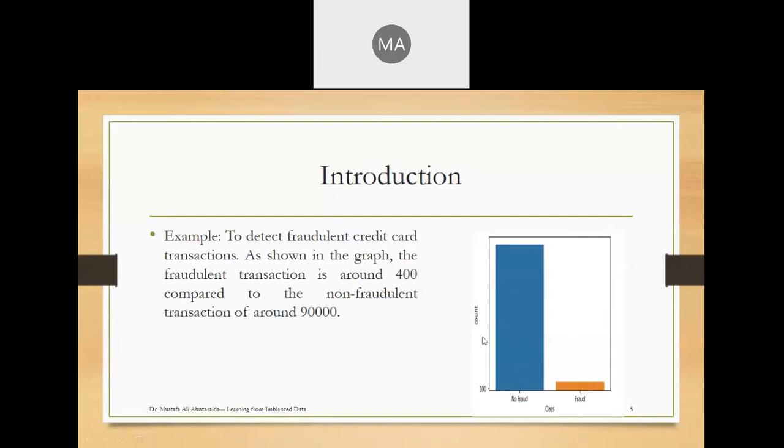So if we do the training, testing, and validation process, the model will be trained focusing on the majority class, while the other class gets fewer cases for training. It means the model will know much more about the majority class.